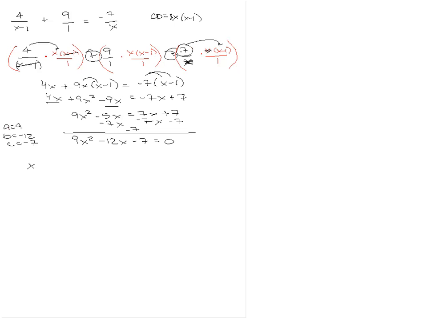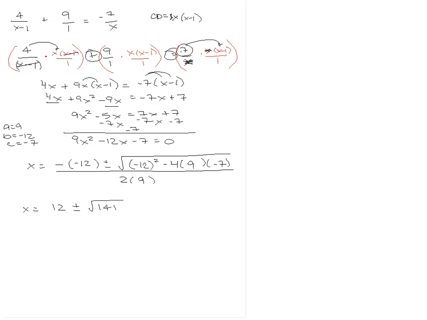X is equal to the opposite of B, plus or minus the square root of B squared minus 4 times A times C, all over 2 times A. All right, B is negative 12, so x equals 12, plus or minus the square root of 144.